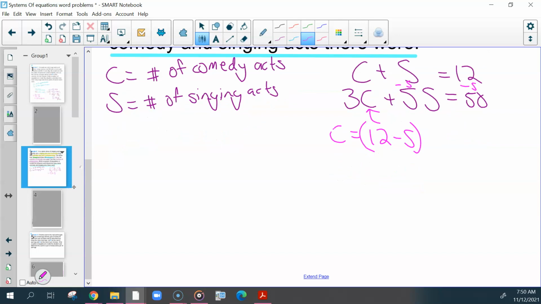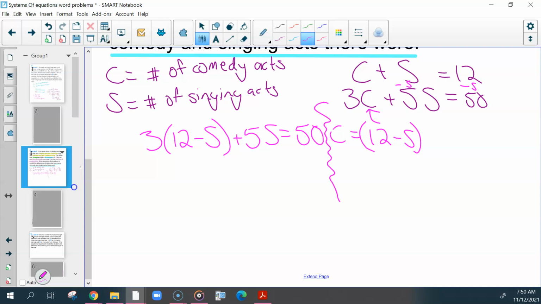So when I rewrite that second equation, it'll look something like this: 3 times 12 minus S plus 5S equals 50. And I can solve for S and then go back and solve for C.